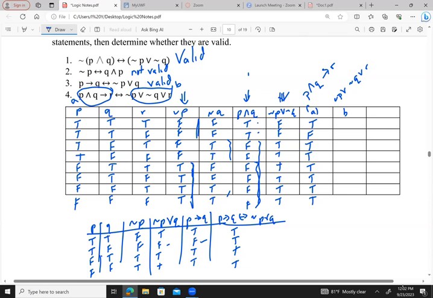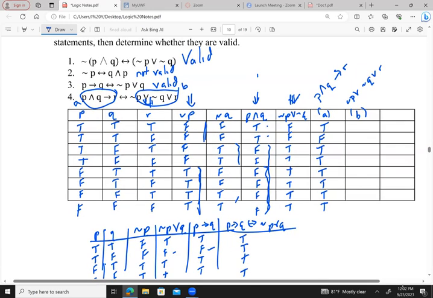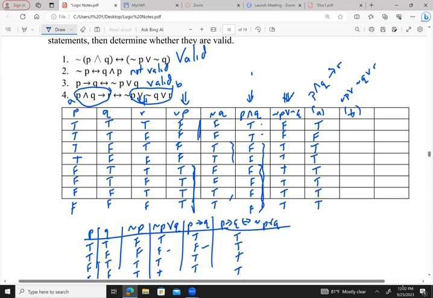So I'm looking here or here. So if one's true, then we'll just look at R here. This is true, so it's true. They're both false, so it's false. Oops, I'm getting ahead of myself. Here we have true, so the rest of these are true. So it's true, true, true, true, true, true.